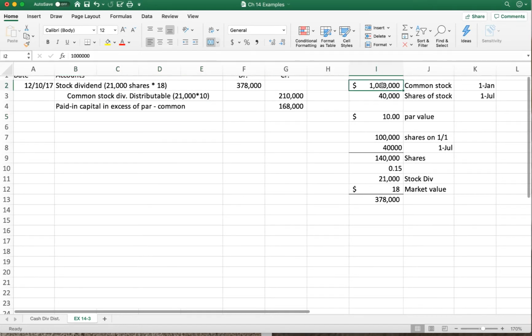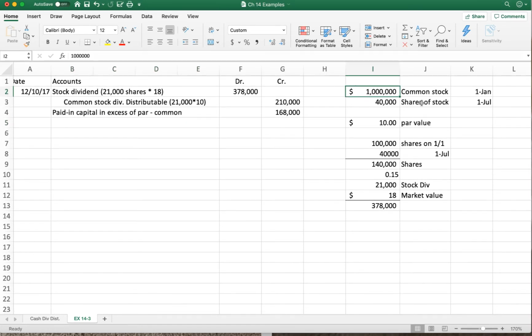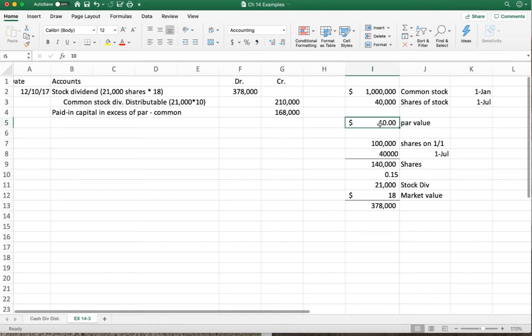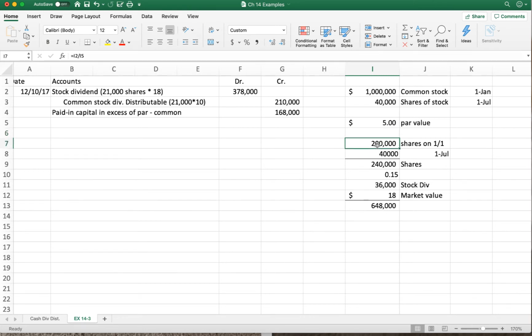So we know we have $1 million, right? We know we issued 40,000 shares on July 1st, but this time our par value is now $5, okay? So we take 1 million divided by 5, that gives us 200,000 shares as of January 1st. To that, we add our 40,000 shares that were issued on July 1st. We end up with 240,000 shares outstanding, right?